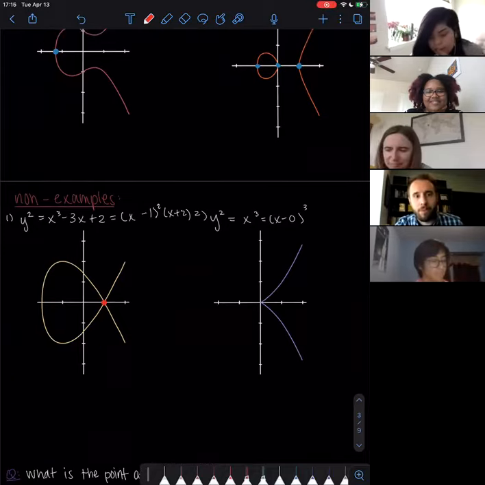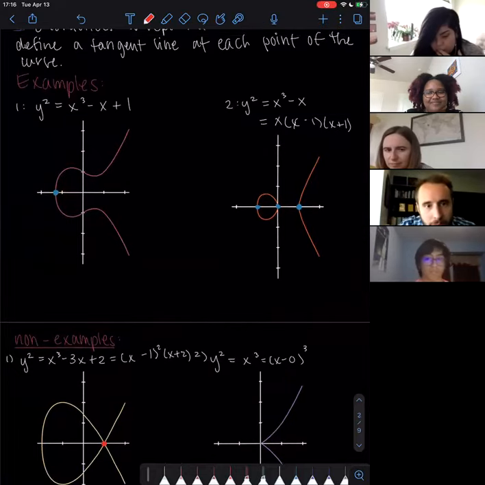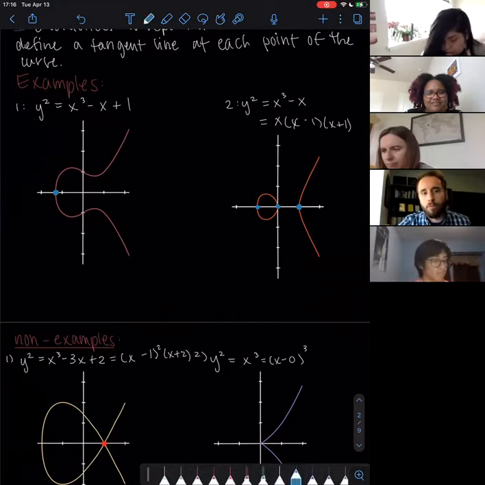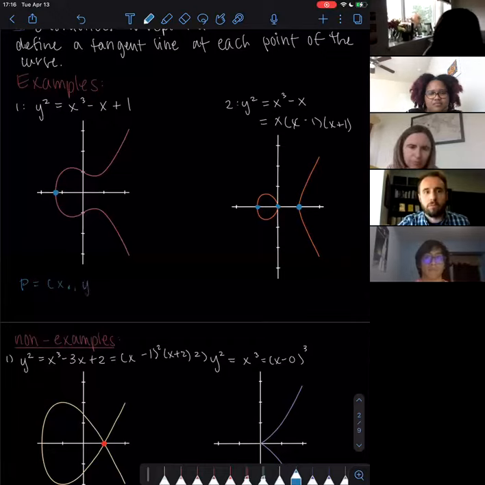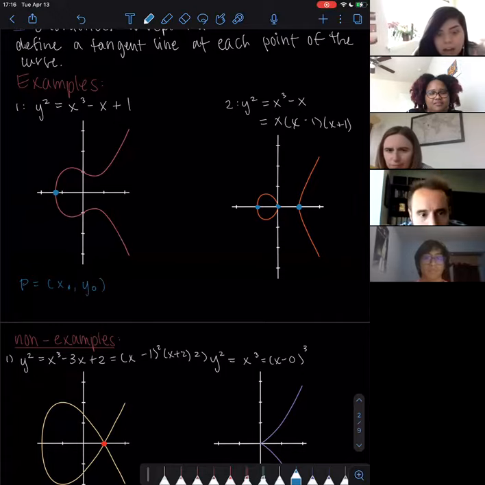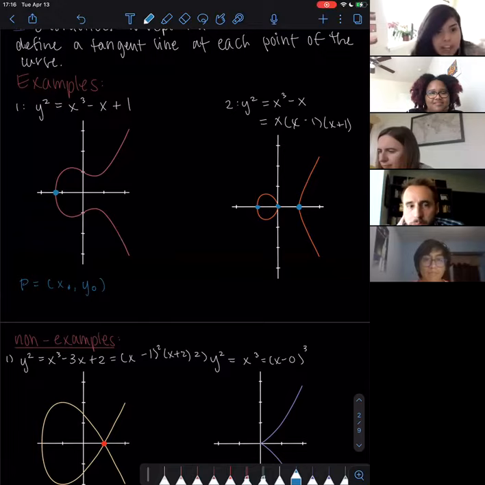So one thing I forgot to point out from our actual examples above is, let's say we had a point, let's call it P, where the coordinates are (x naught, y naught). Can anyone tell me if we can find another point that corresponds to that point or is similar to that point in any way?